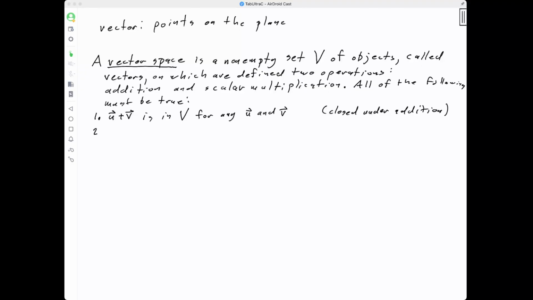The second thing that has to be true is u plus v equals v plus u. If you add two vectors together, you have to get the same thing if you add them together in the opposite direction. So we say that addition is symmetric.